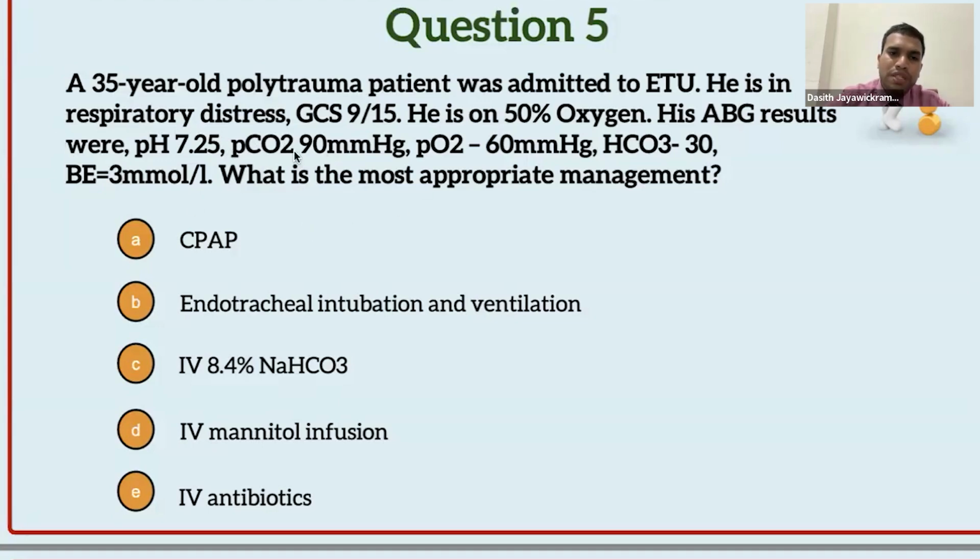So now in this patient, the partial pressure of carbon dioxide is 90 millimeters mercury. You will never see this much carbon dioxide pressure in a live patient, but just understand the concept. The normal partial pressure of carbon dioxide in arterial blood gas is 40 to 46 millimeters mercury. That is the range.